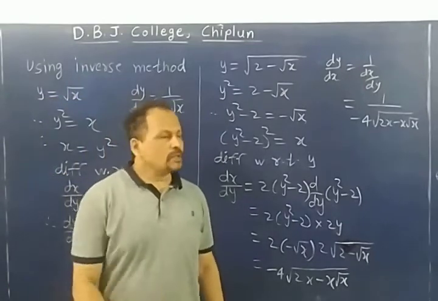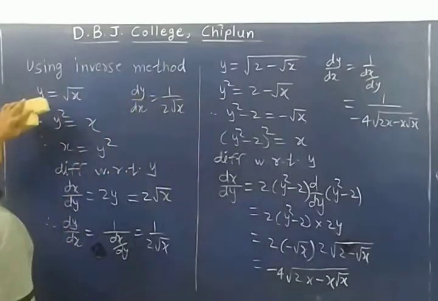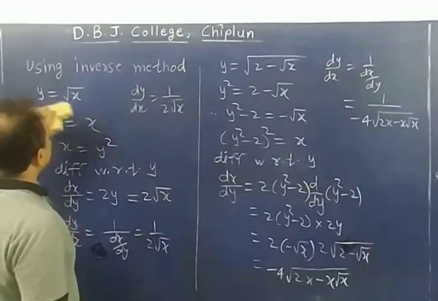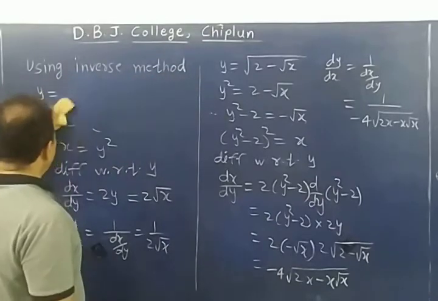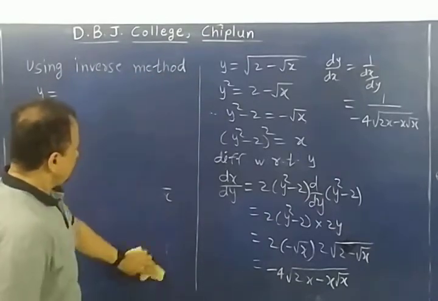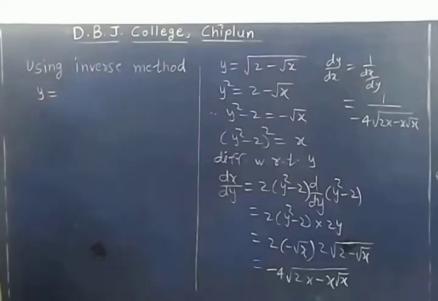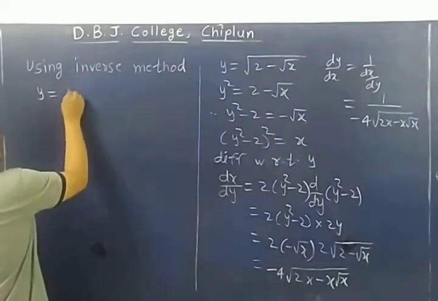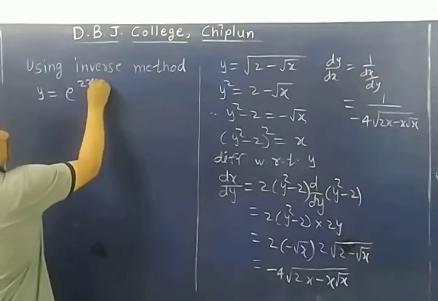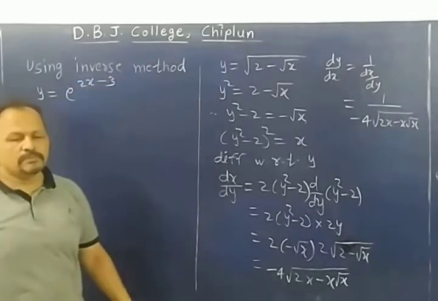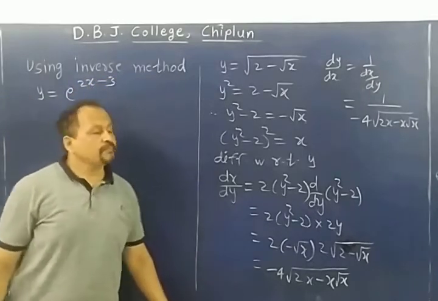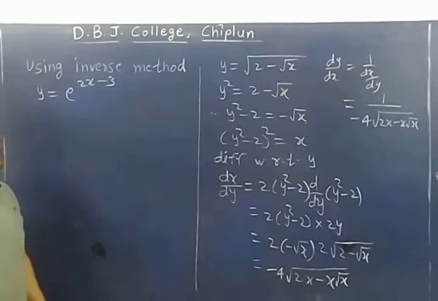Let us take one more problem on the same lines. Using inverse method, find out the derivative. Y is equal to e raised to 2x minus 3. The same problem in the textbook. Y equal to e raised to 2x minus 3.